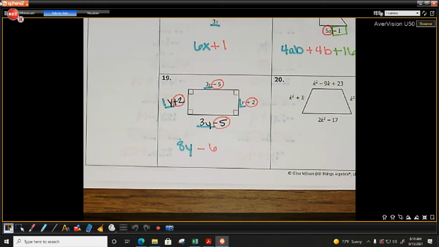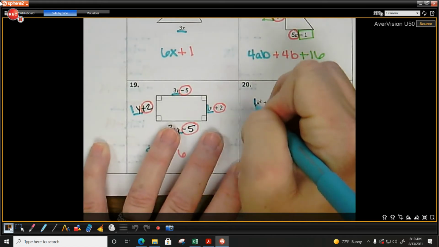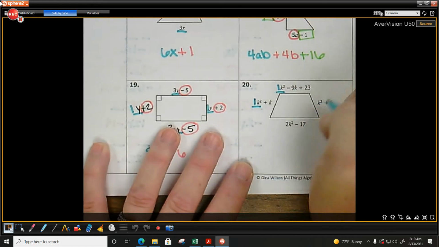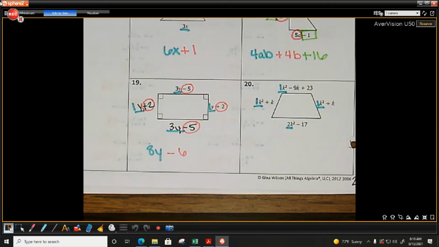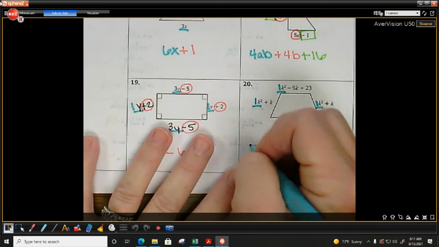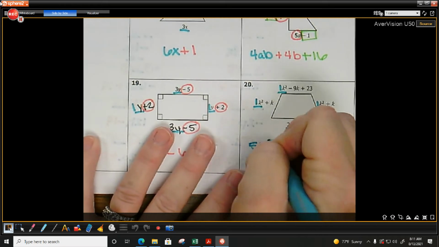Let's see how we did. We have 4 k-squared terms. I have a 1k squared, a 1k squared, a 1k squared, and a 2k squared. 1, 1, 1, and then 2 gives you 5k squared. How many of us got 5k squared? Woohoo! Okay.